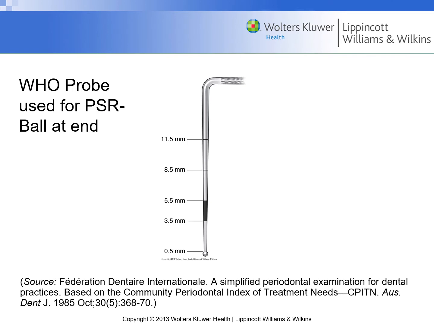And I wanted to show you this. This is called a WHO probe, for World Health Organization probe. And it's used for an index called a PSR. Some offices use a PSR. It's just a different way that they divide the tooth up. Mainly in a PSR, they will divide the mouth up into quadrants.